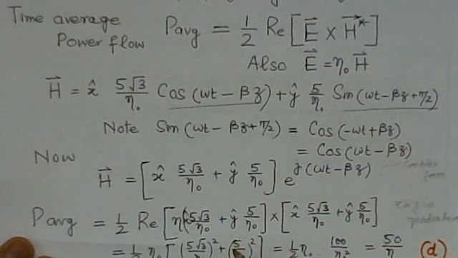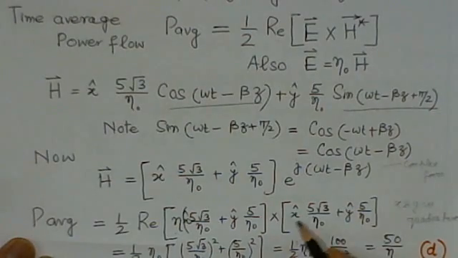Now what we observe from here is the first part and the second part. When we try to find the complex conjugate of H, this term will become the complex conjugate, that means having the imaginary part negative, and similarly here the complex part e to the power j omega t minus beta z.